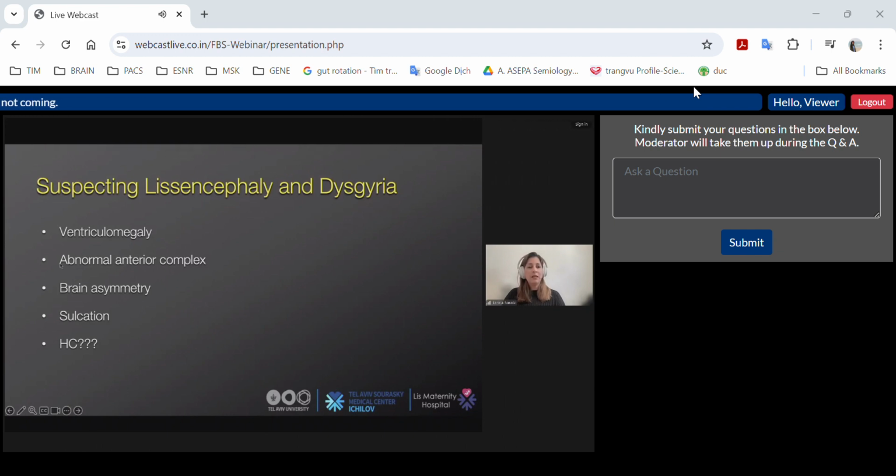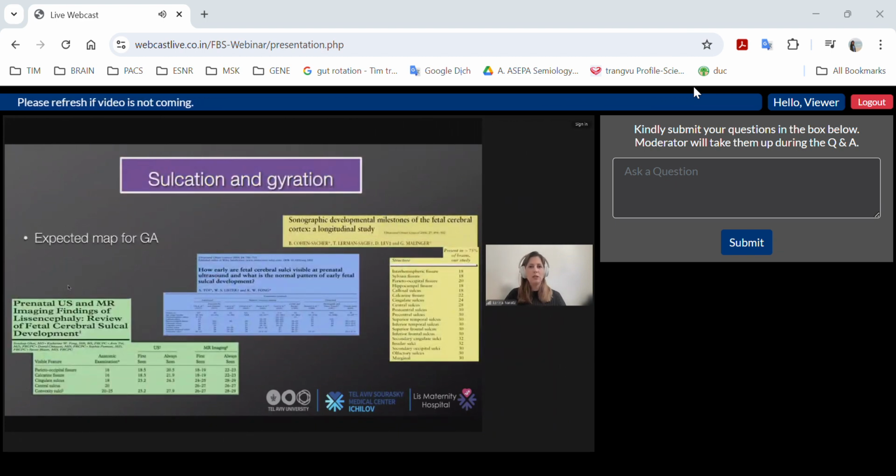And if we go and check directly for the sulcation, so of course, signs of delayed or aberrant sulcation. And I will approach the topic of the head circumference later. Of course, if head circumference is small, it really helps us to suspect, but in most cases, unfortunately, during fetal life, the head circumference won't be small enough for us to raise suspicion of an abnormality. So it's not a very good screening point.